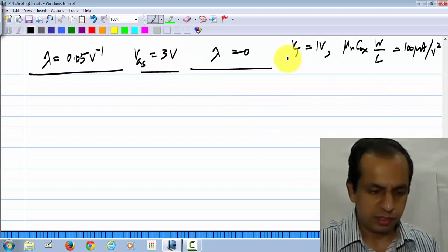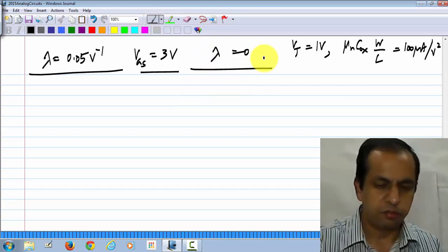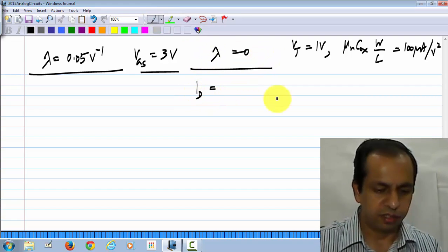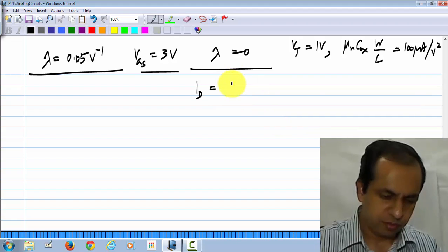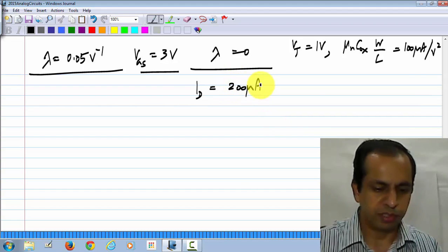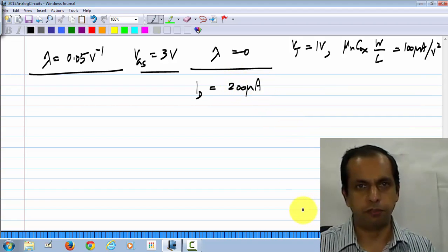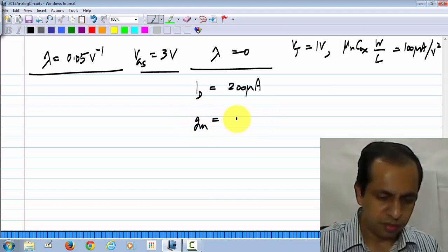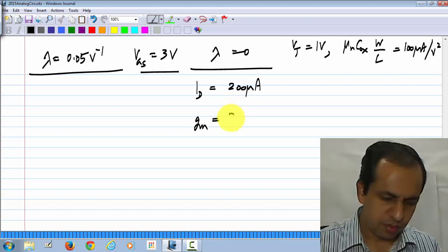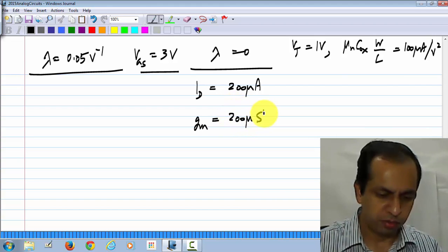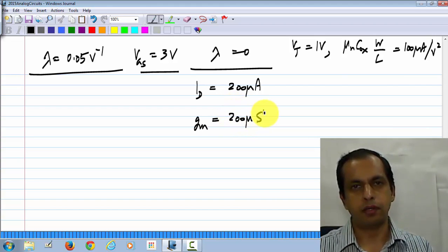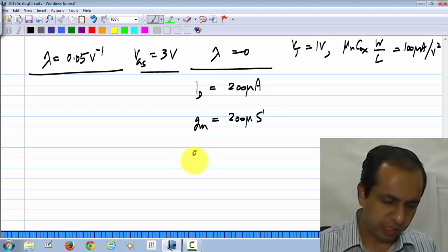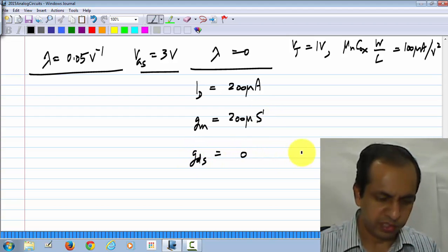If I do this, I know that if I assume lambda equal to 0, I get a drain current of 200 microamperes. You can verify this very easily, and I also get a GM of 200 micro Siemens. Okay. And the drain source conductance will be 0.